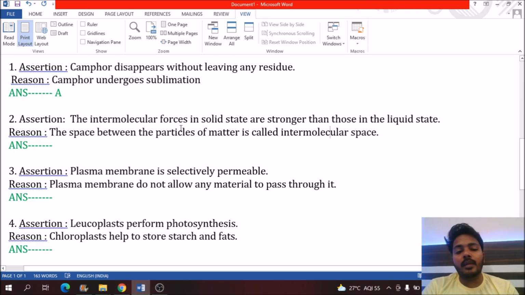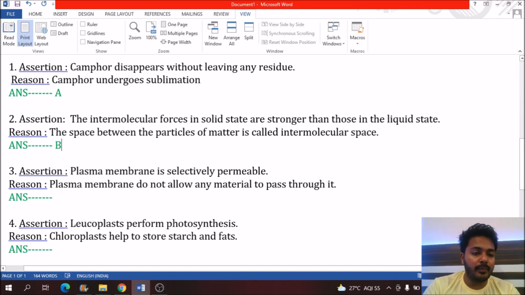The space between the particles of matter is called intermolecular space. This is a correct statement, but it is not the correct reason for the assertion. In this question, both assertion and reason are true, but the reason is not relevant to the assertion. So option B is the correct answer.